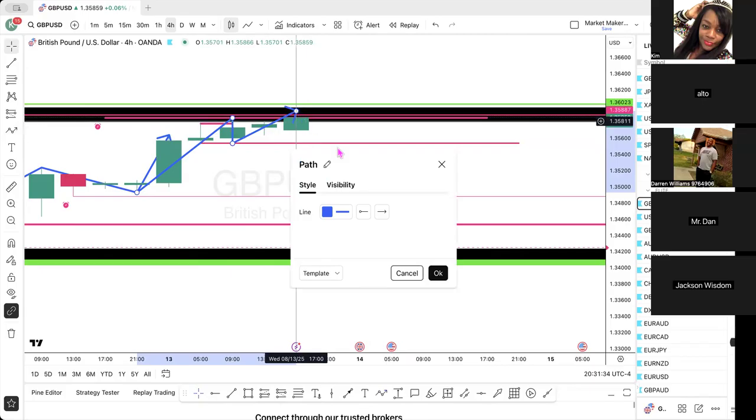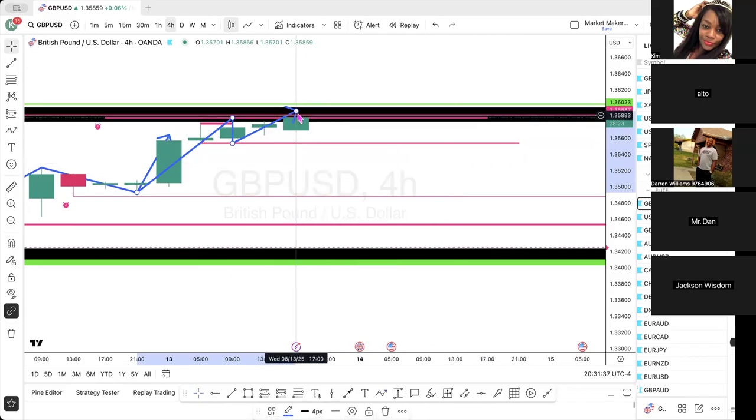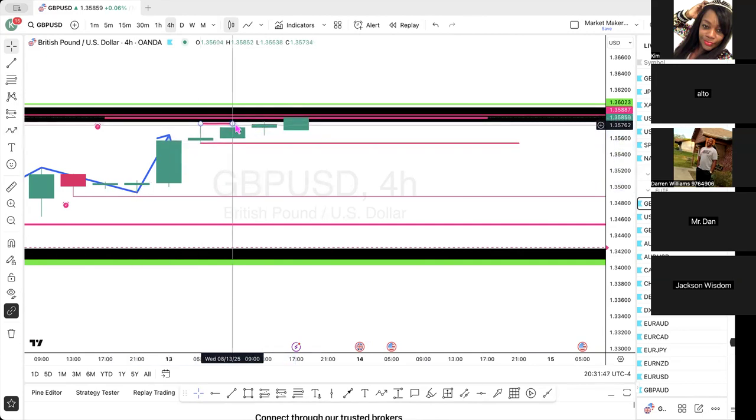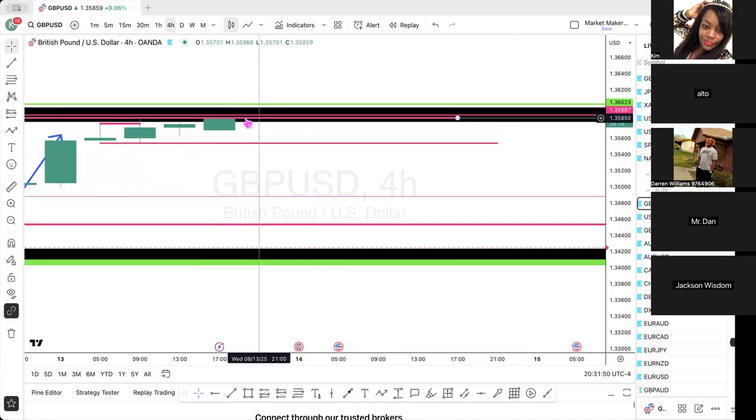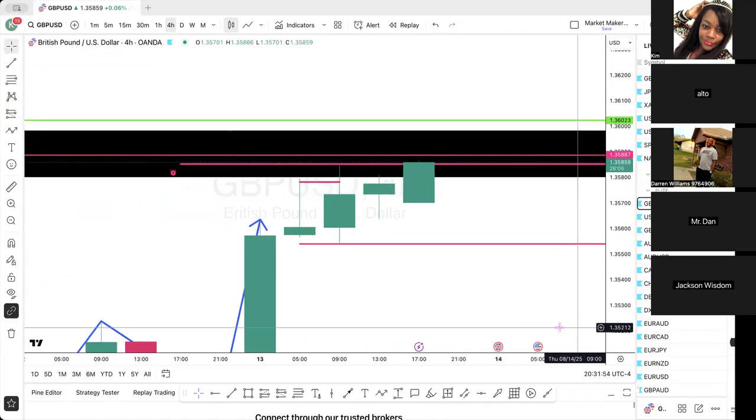And if you don't see it on the 4 hour, this candle has to close first. We have to wait for this candle to close. So I have an alert on this high right here. Let me zoom in. Zoom, zoom, zoom.